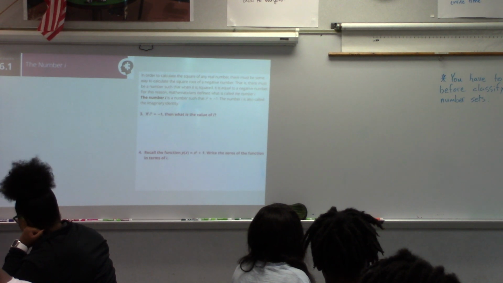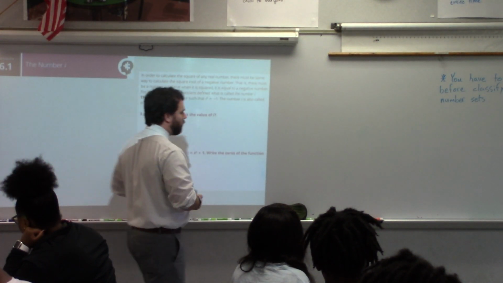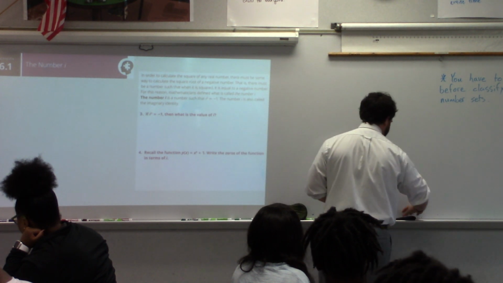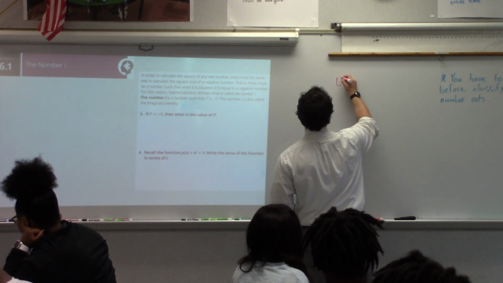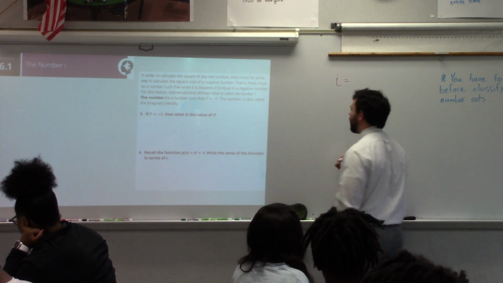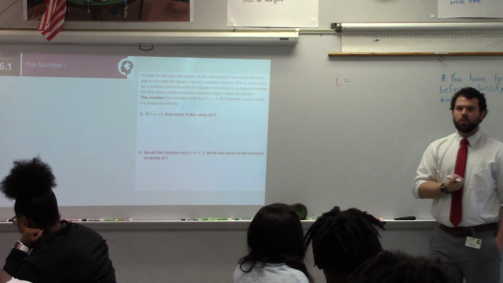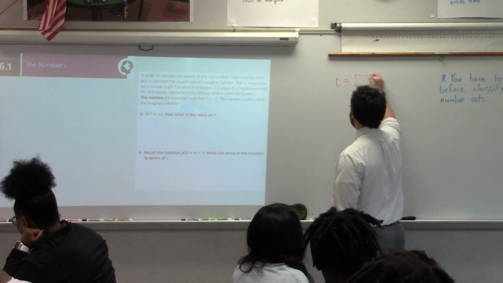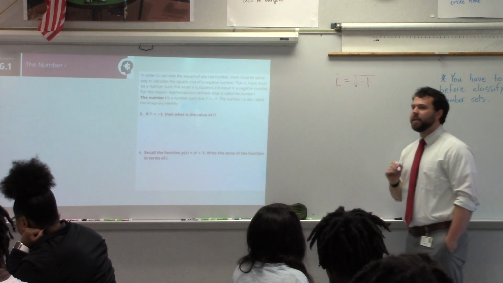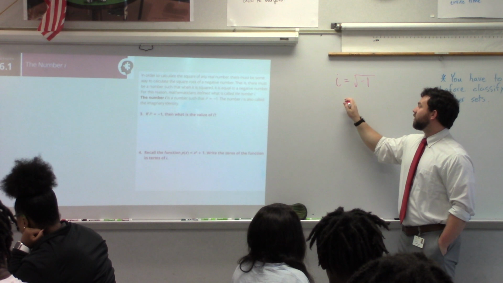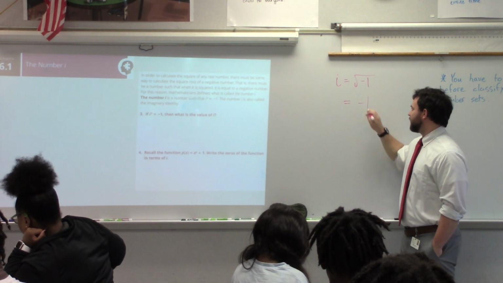Now, as a quick, really important refresher, the number i, what do I mean by that? The number i is the imaginary number, but what does it equal? Square root of -1. Please be careful about that. There is something we can do with i to get just -1.